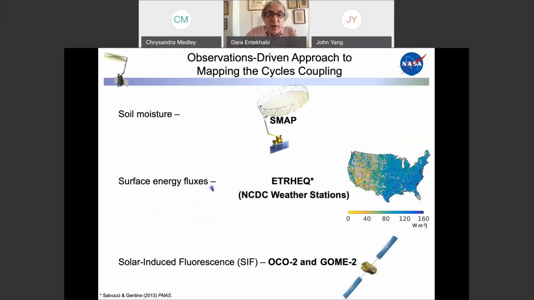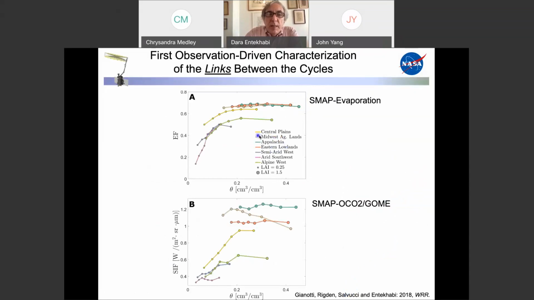For the energy fluxes, we use weather stations over the US and a method for estimating energy balance components, ETREC, citation here. And for the carbon flux, we're going to use solar-induced fluorescence from two satellites, NASA OCO-2 and GOME-2. So this is the carbon flux, energy flux, and the surface soil moisture state. And from that, we get these benchmark behaviors.